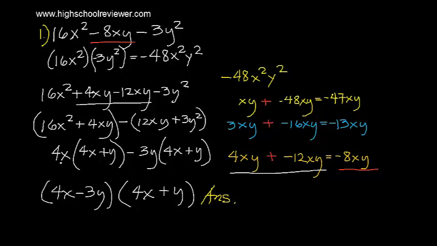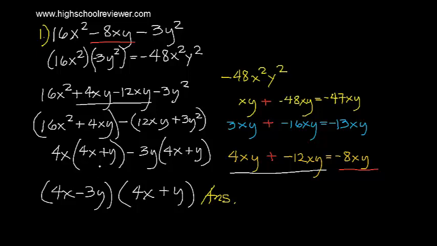16x squared divided by 4x will be equal to 4x. And 4xy divided by 4x will be positive y. And we can factor out 3y, so 3y will be on the outside. 12xy divided by 3y is positive 4x. And positive 3y squared divided by 3y is positive y.